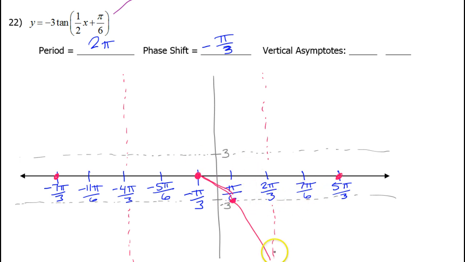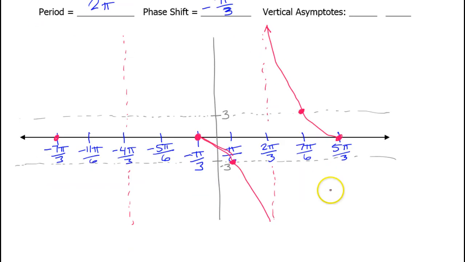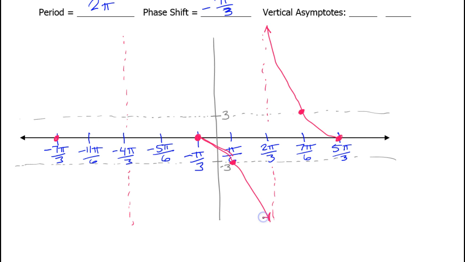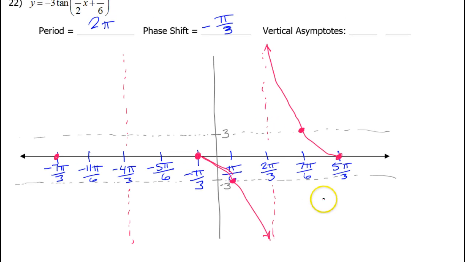Now, as I come to the other side of the asymptote, it still must be falling. So that means it's going to start from up high and come down, and at this mark, it should be at the a value. It should be doing something like this. Let me put an arrow on that. So this is one period of the tangent function.